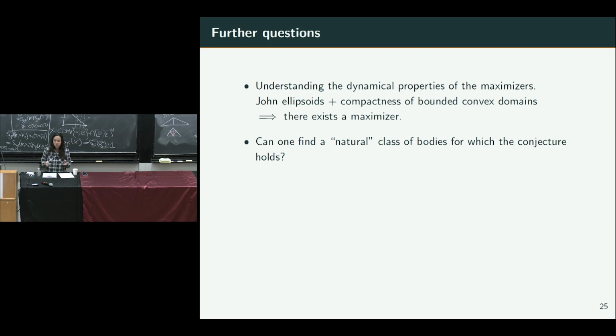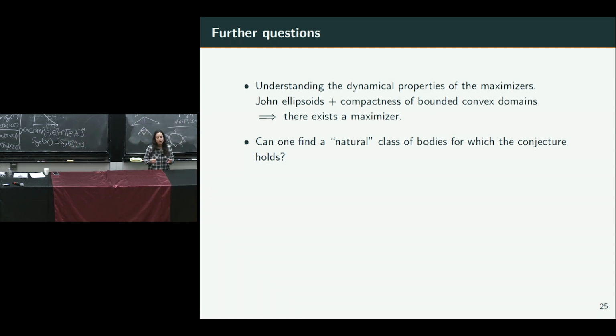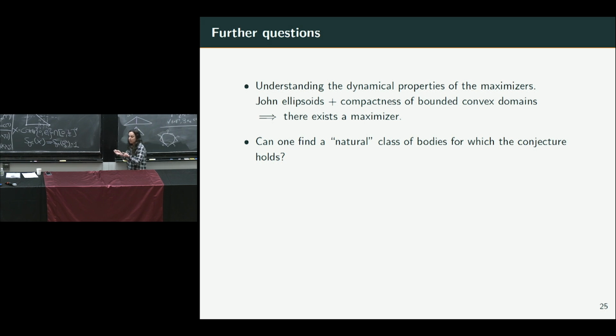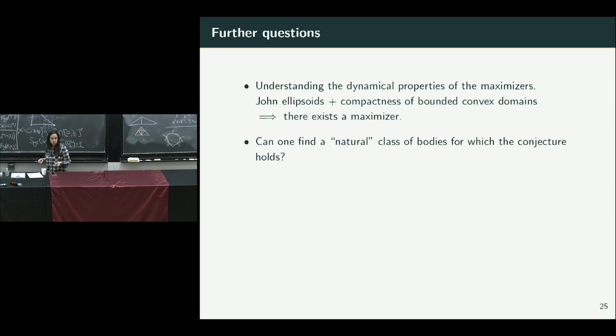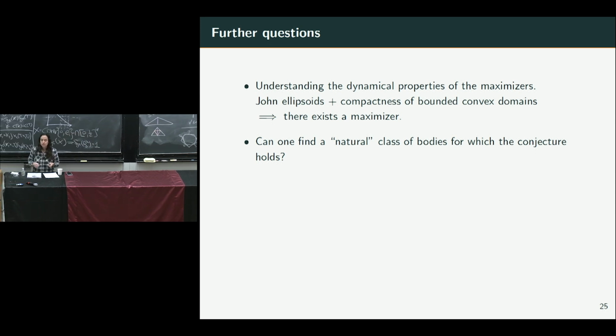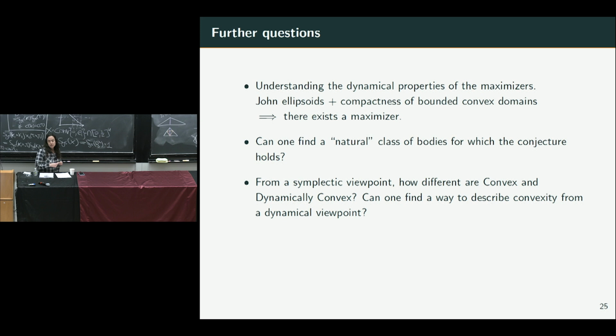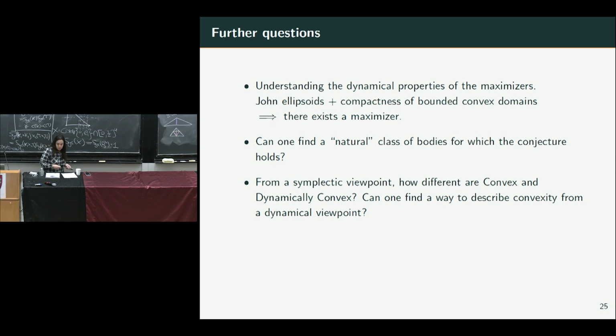Especially in view of the Mahler conjecture, if one can show that the Viterbo conjecture holds for centrally symmetric domains, then perhaps one could still get Mahler using symplectic methods. So it's worthwhile.